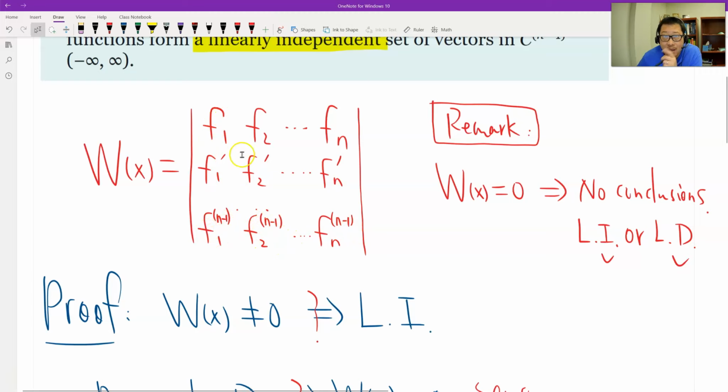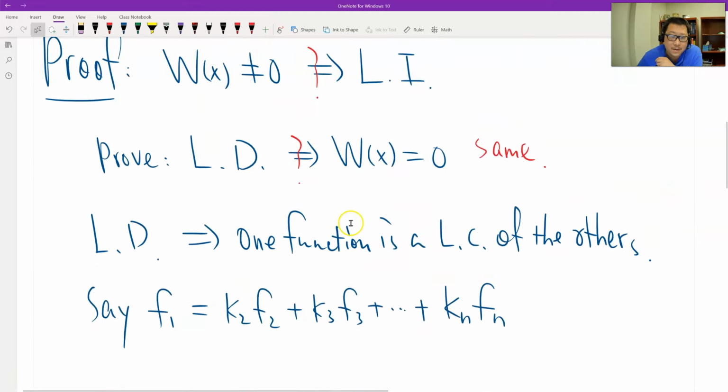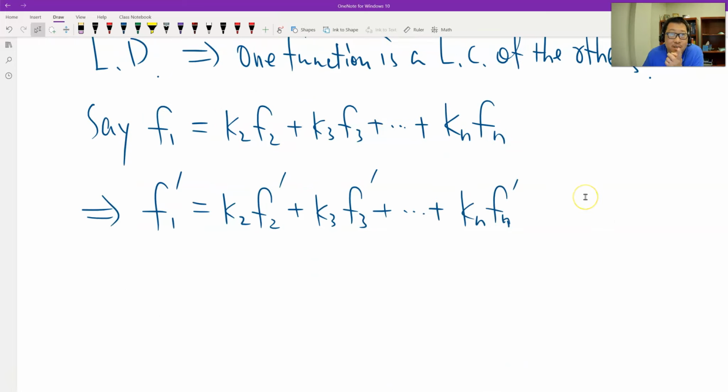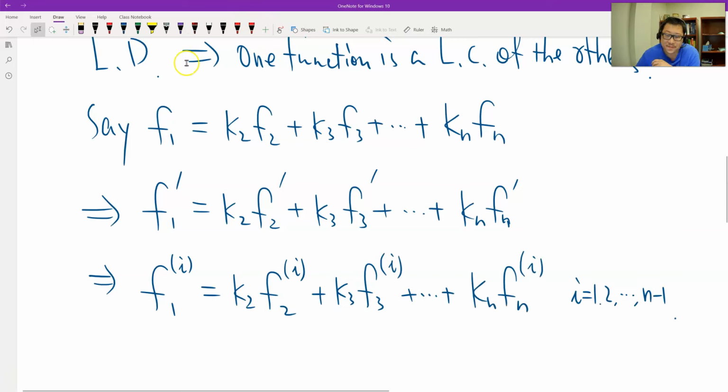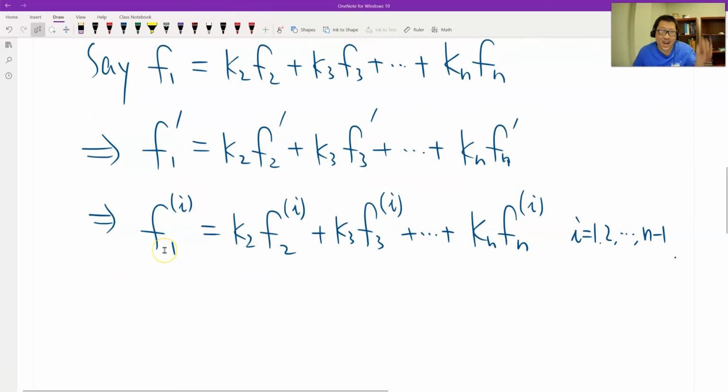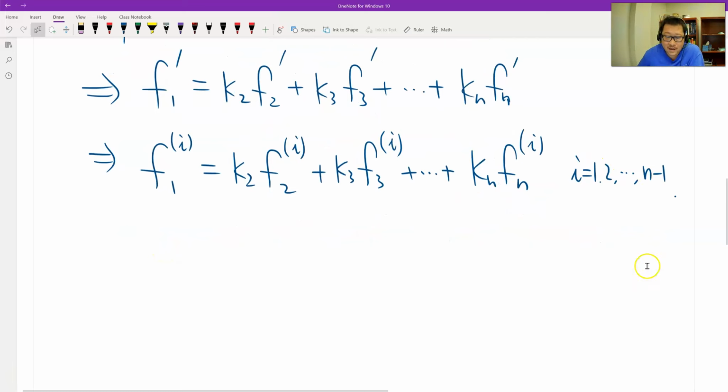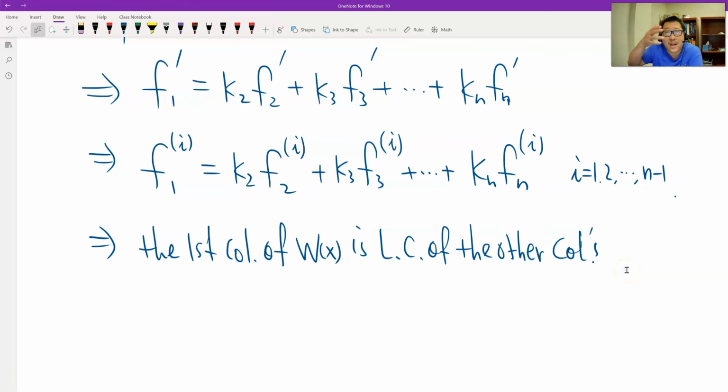Therefore, we will find that the first column is a linear combination of all the other columns. Let me put it here. This is true by the linear property of the derivative. If I take the second derivative, it is also true, and likewise the third derivative or any other derivative. So let's simply say that the ith derivative should be equal to this. From this, we find that the first column of the Wronskian is a linear combination of the other columns.